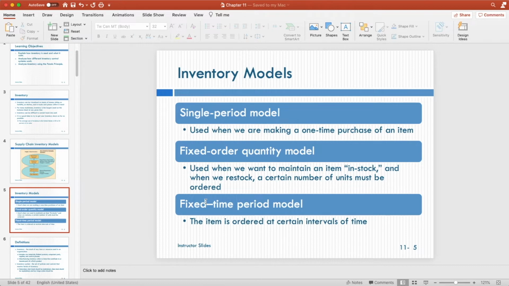That's the key point of the fixed order quantity model. Then the fixed time period model is actually the opposite. What is the key feature of the fixed time period model?